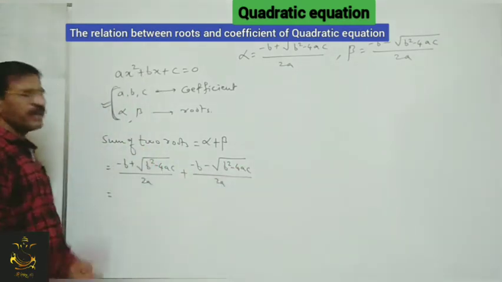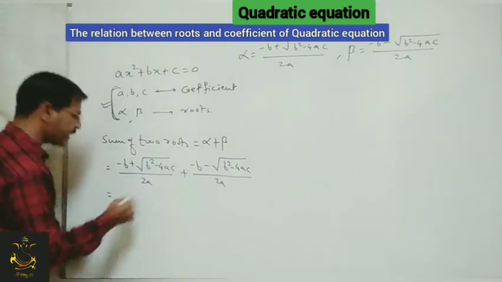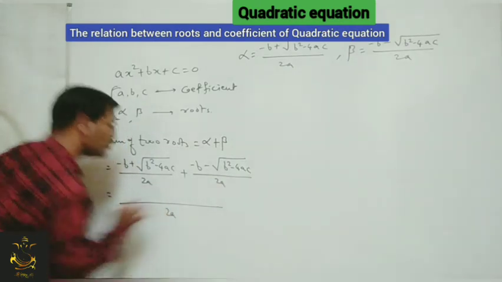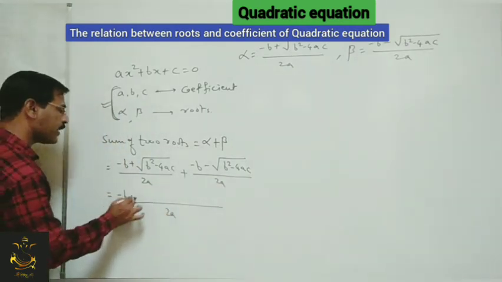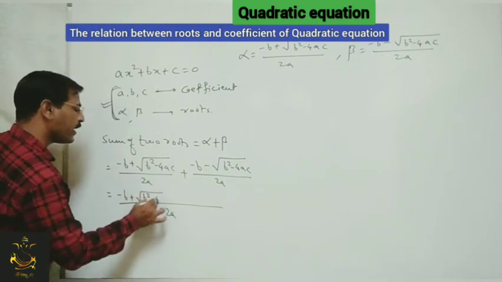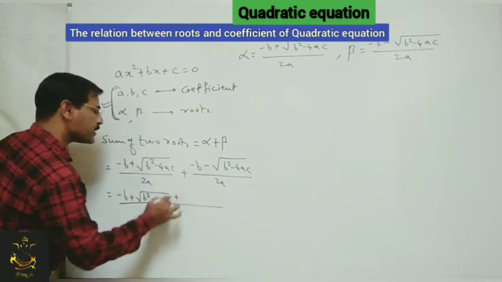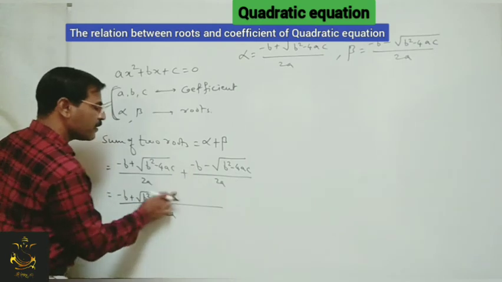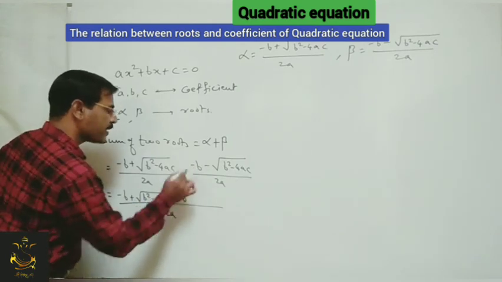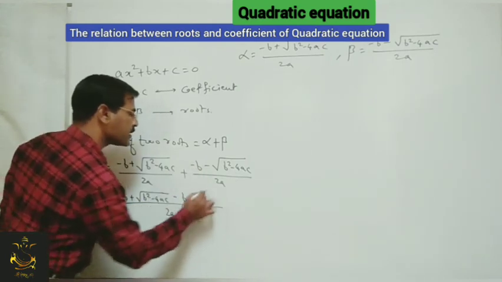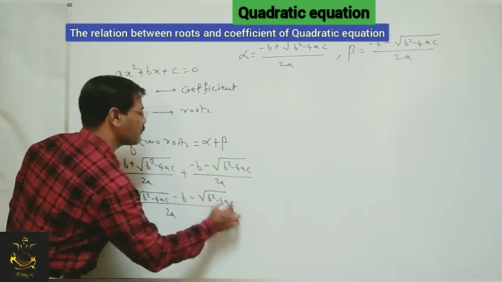Just by observing, because the denominator is the same, we'll write just once only 2a. Now here, minus b plus under root b square minus 4ac, plus minus b minus under root b square minus 4ac.